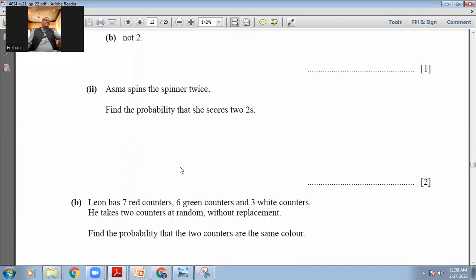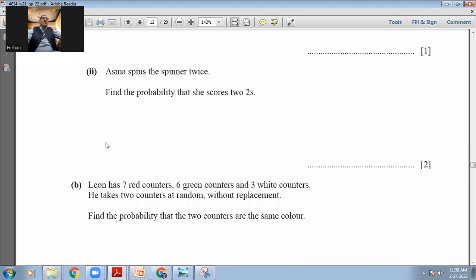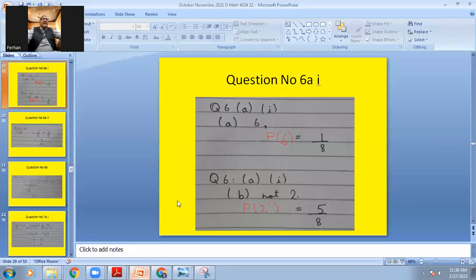Then it says Asma spins the spinner twice. Find the probability that she scores 2 both times. So we have to find the probability of 2, 2. So it will be 3 by 8 multiplied by 3 by 8.